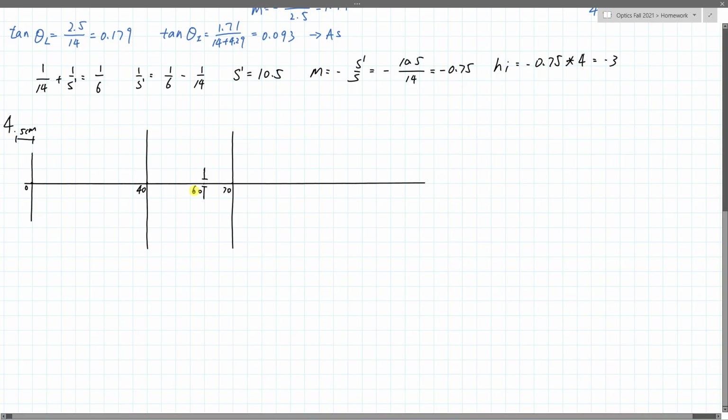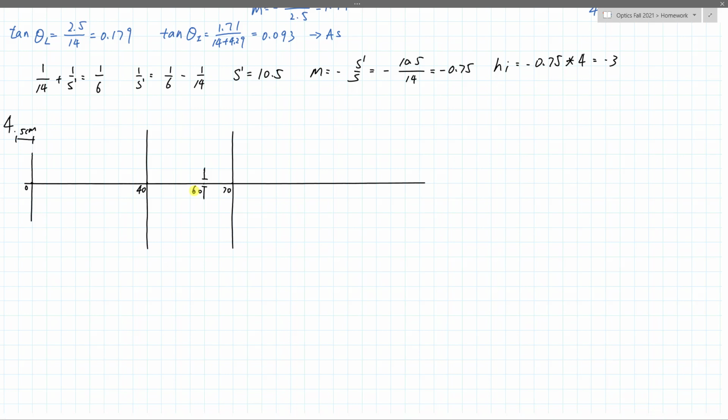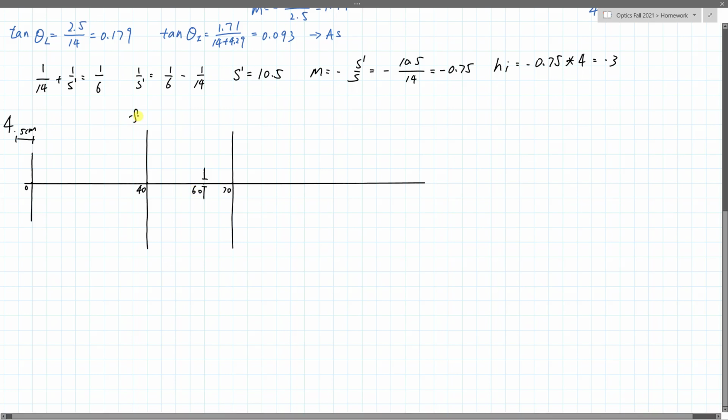The first way is to do intermediate and final images. So we'll do that. We'll put the focal length on here. Focal length is 40/3. This focal length is 20/3. So if I want to mark up where that focal point is, so let's see, 40/3 is 13, so that's 15.